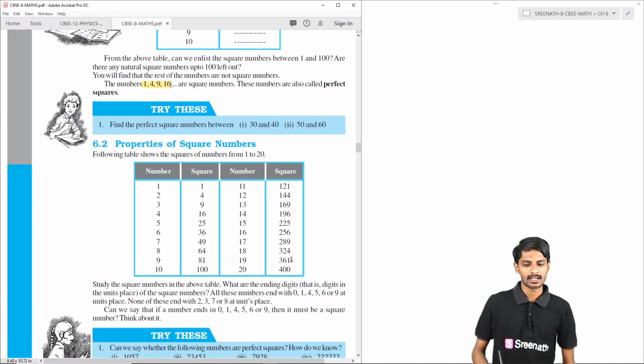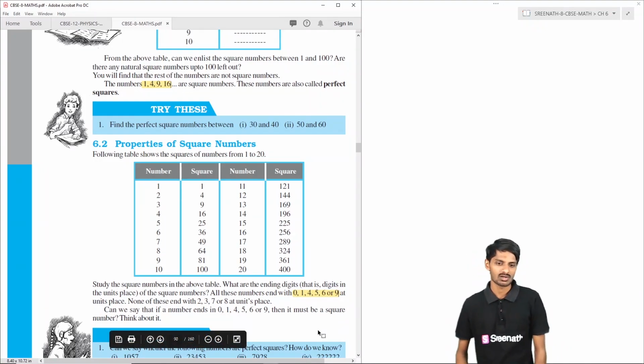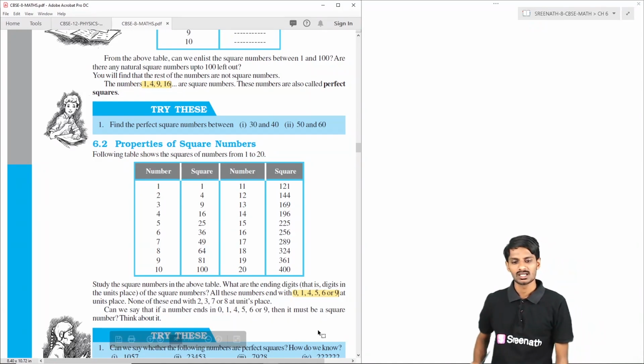What do you understand? There are only 0, 1, 4, 5, 6, 9 at the units place. Here 1, 4, 9, 6, 5, 6, 9, 4, 1, 0. So 0, 1, 4, 5, 6, 9. Only these numbers are there at the units place of the square number, students. That is the one thing you have to remember.